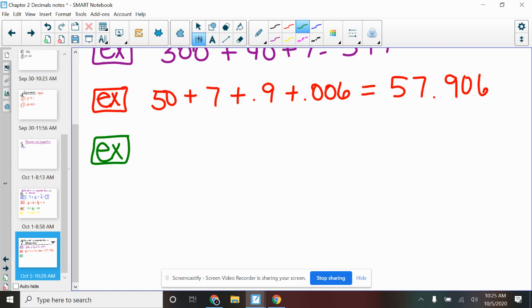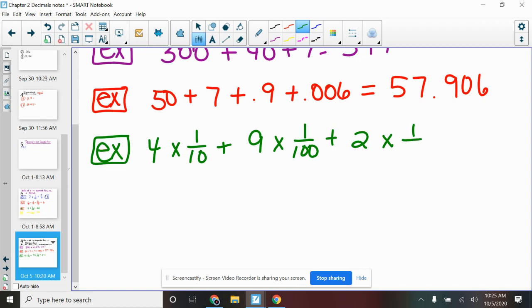Ready? Last one, then we'll have to stop. So let's do 4 times 1/10 plus 9 times 1/100 plus 2 times 1/1000.